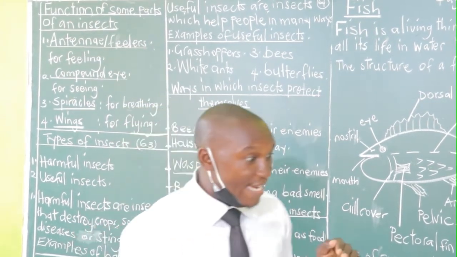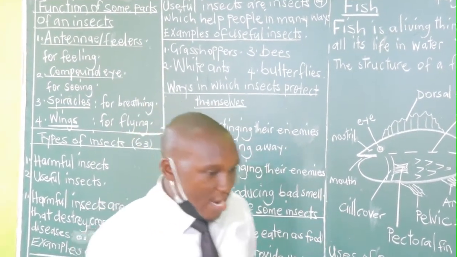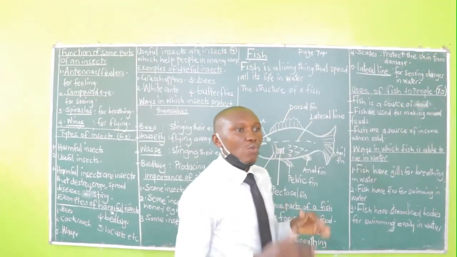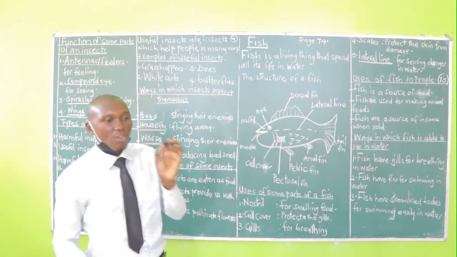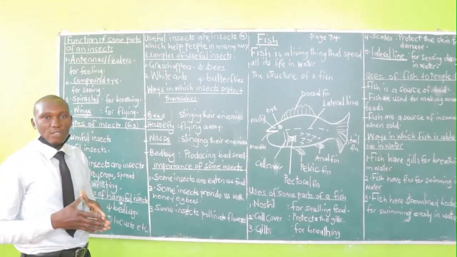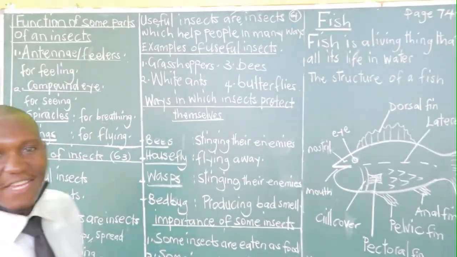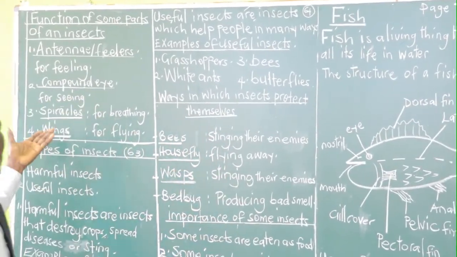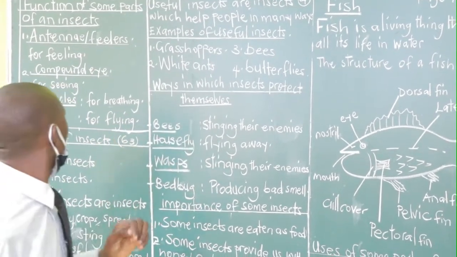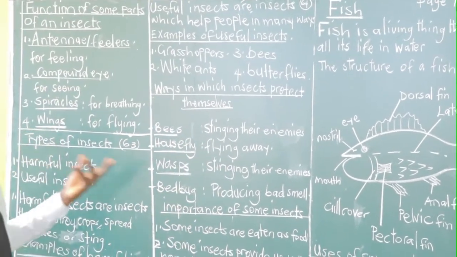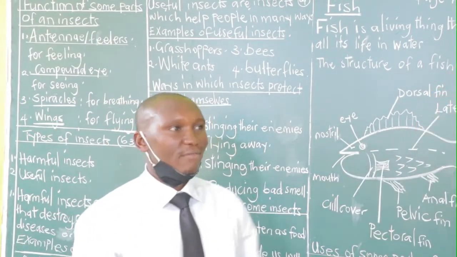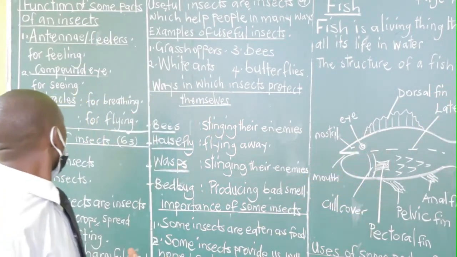Like when you reach for a cockroach, the cockroach will run away and hide using those feelers. Next we have compound eyes, used for seeing. Then we have spiracles, used for breathing. Next we have the wings, self-explanatory, used for flying from one place to another.